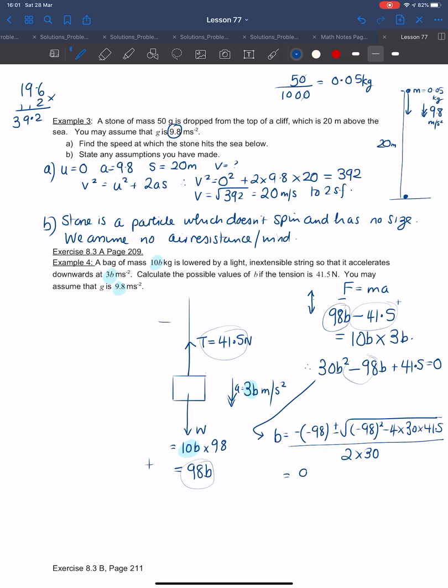Okay, so this is 98 plus or minus the square root of 98 squared minus 4 times 30 times 41.5.